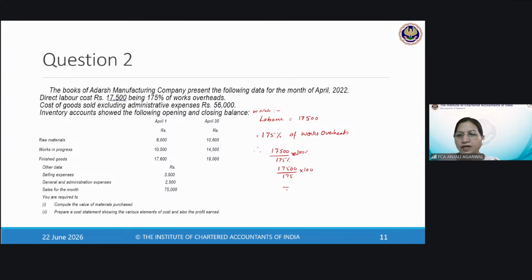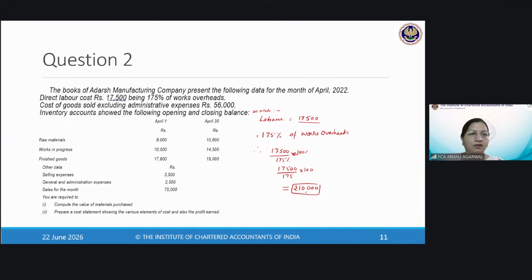So your works overhead will come out to be 10,000. When you take 175% of 10,000, you end up getting 17,500. So labor is 17,500, whereas works overhead is 10,000.